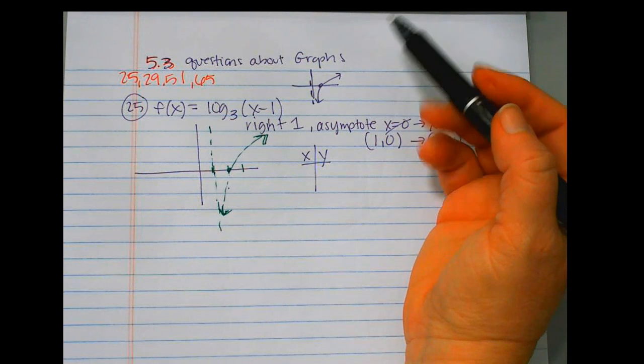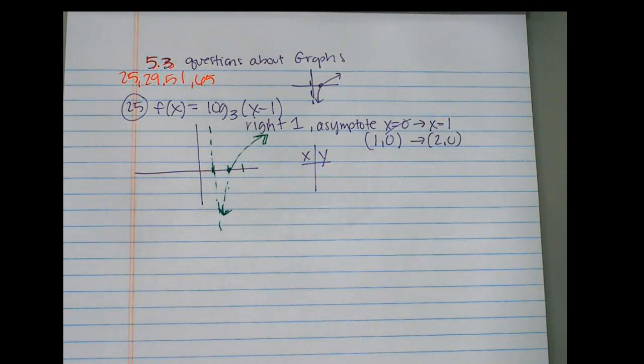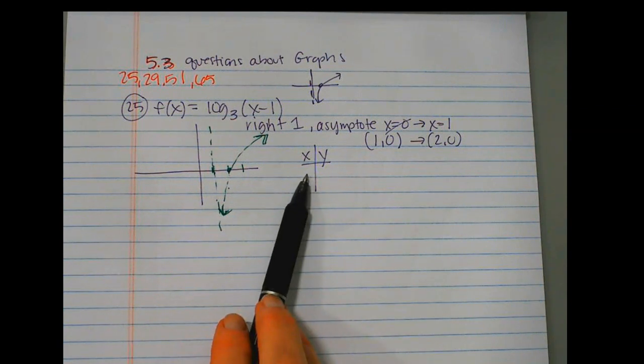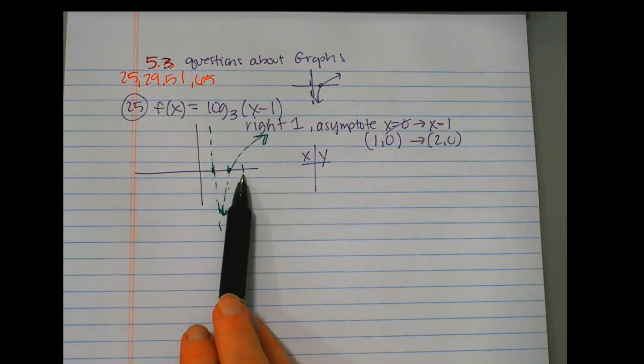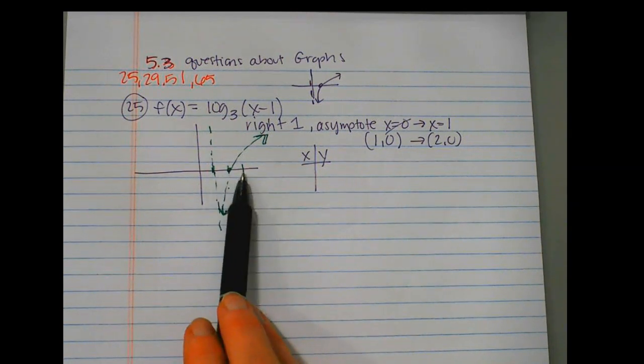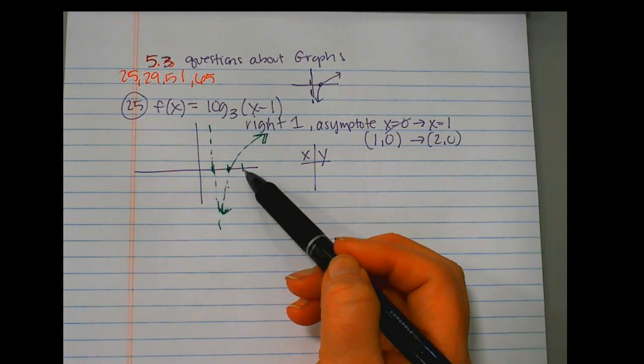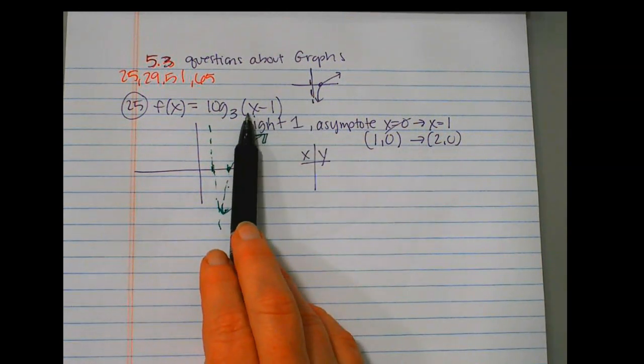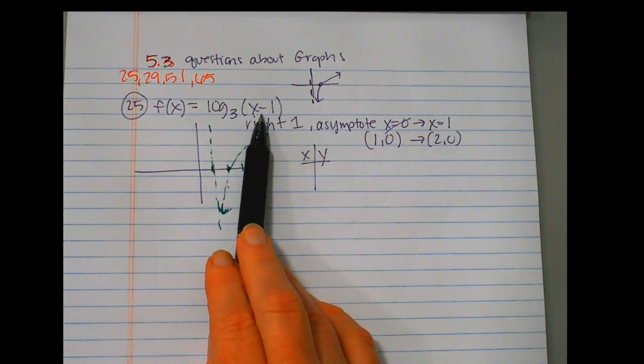When I said making an XY chart has to be thoughtful, this is what I mean. If I plug in a value like 2 here, oh, not 2, 3, this is 1, 2, 3, that would give me 3 minus 1 is 2.